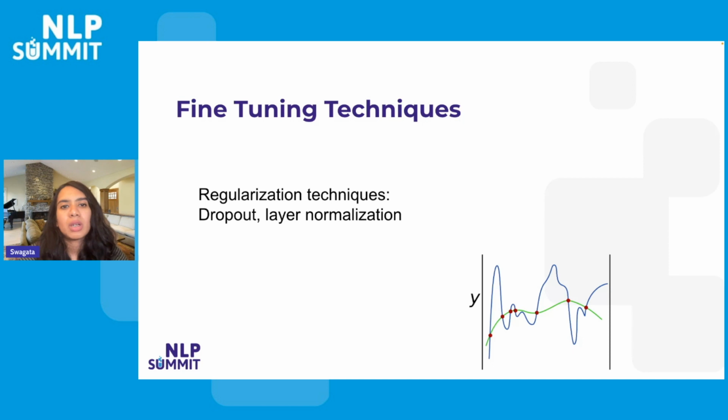We employ a couple of techniques like dropout, which basically means you're selecting random neurons and ignoring them during the training so that the model becomes more and more robust. Another technique is layer normalization, where you are normalizing the inputs across the features, and hence you're stabilizing the entire learning process. So these are some of the regularization techniques that can be used.